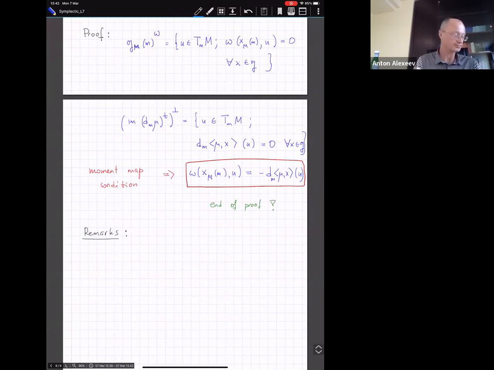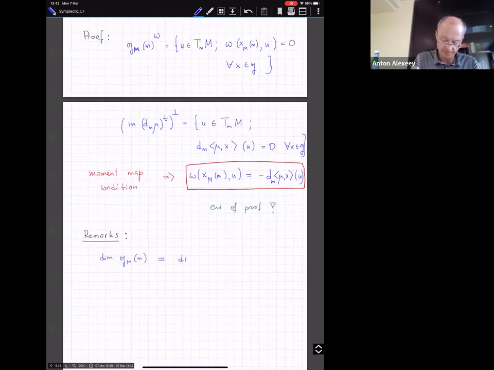So the first remark is that the dimension of this space g_M(m) is now equal to the dimension of M minus the dimension of the symplectic orthogonal, right? That's just the general stuff about symplectic structures on vector spaces.